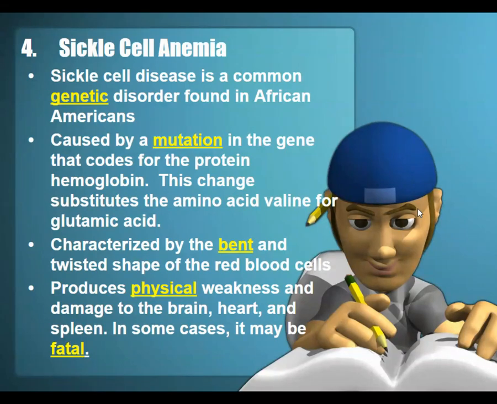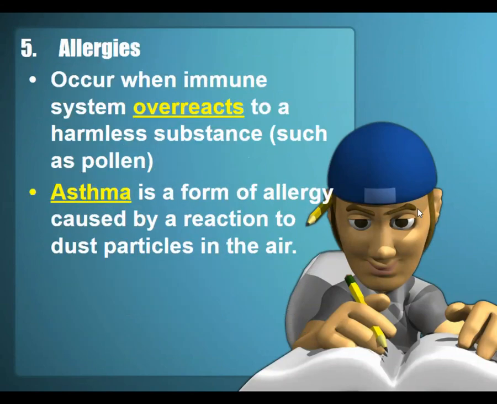This little change substitutes the amino acid valine for glutamic acid, and what it does is change the shape of the protein. So it's characterized by the bent and twisted shape of the red blood cells. It produces physical weakness and damage to the brain, heart, and spleen, and in some cases it may be fatal.